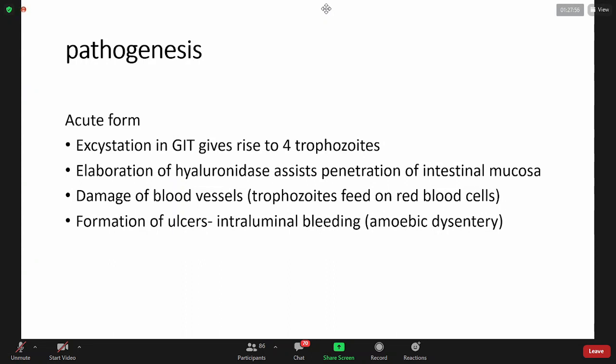And then these trophozoites elaborate an enzyme, hyaluronidase, which assists them to penetrate the intestinal mucosa. And as they feed, there is damage of blood vessels, and then there is formation of ulcers and bleeding within the lumen of the intestine, and then you have passage of feces containing blood, and this is referred to as amoebic dysentery.